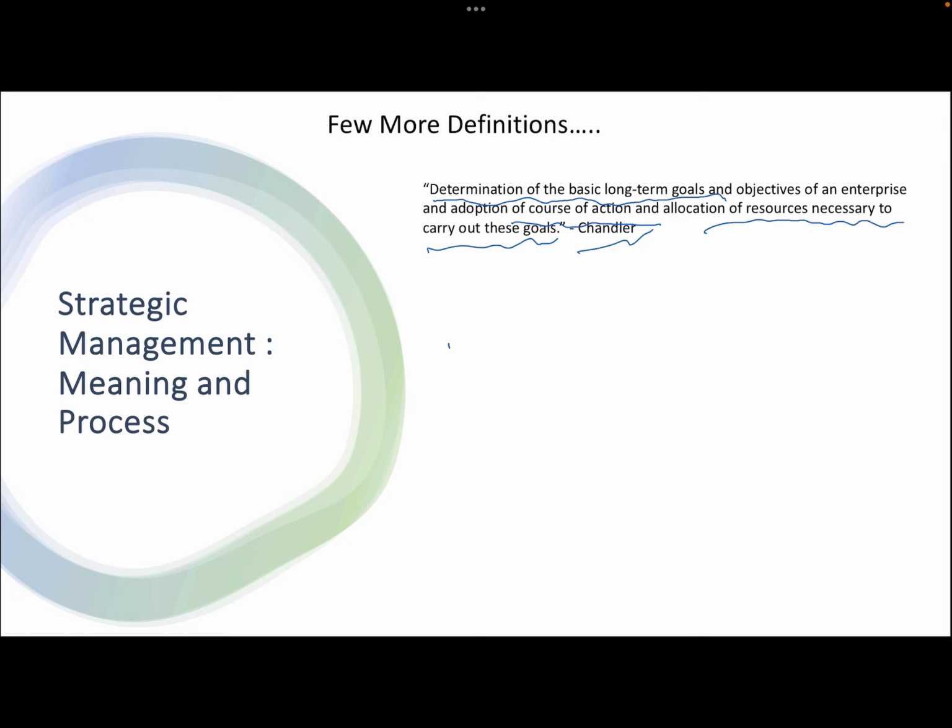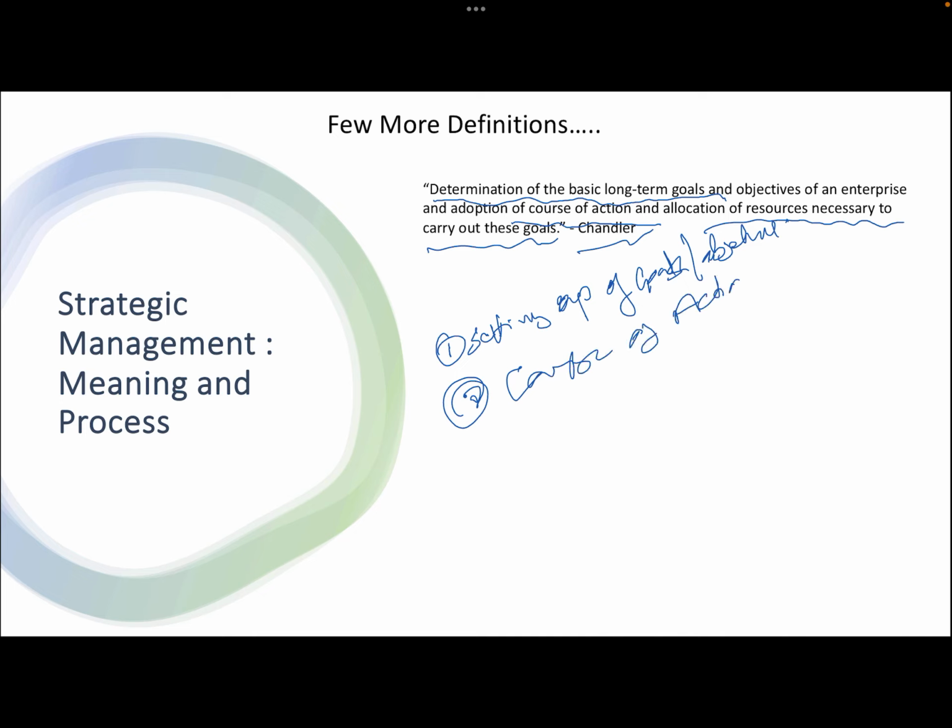The first point is setting up the goals and objectives of a company: what needs to be achieved in the long term. Second one is the course of action to achieve it: how we are going to achieve it.